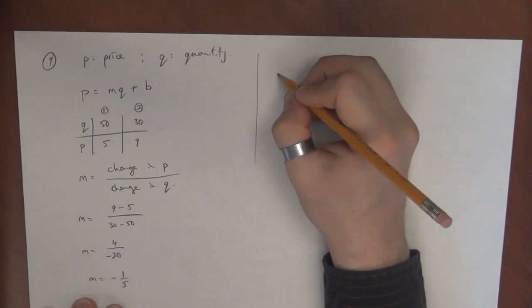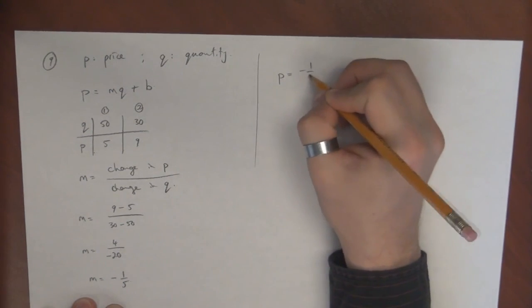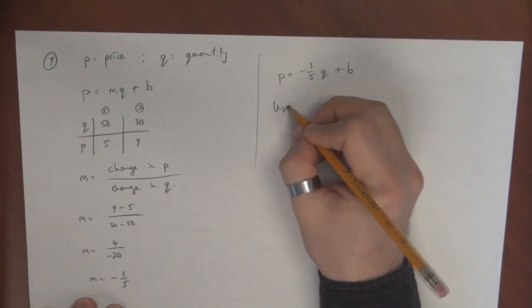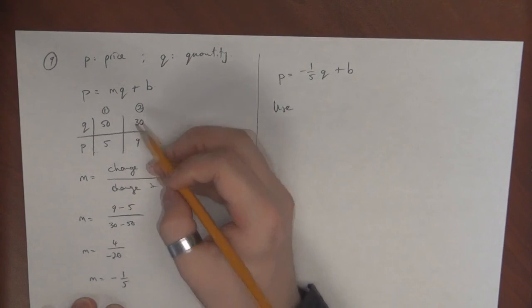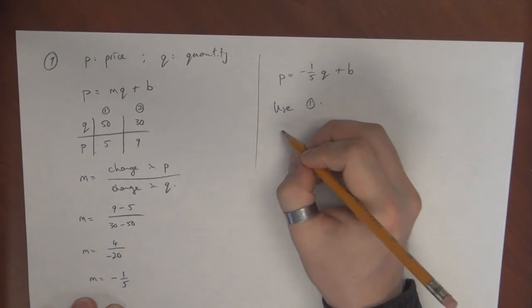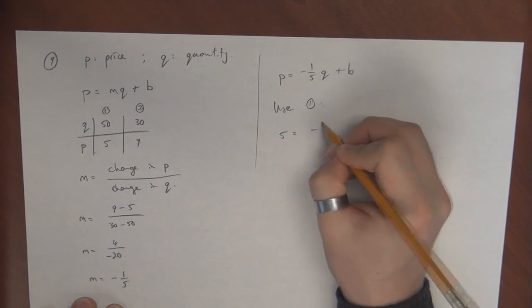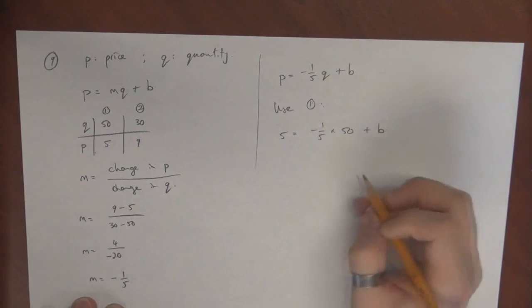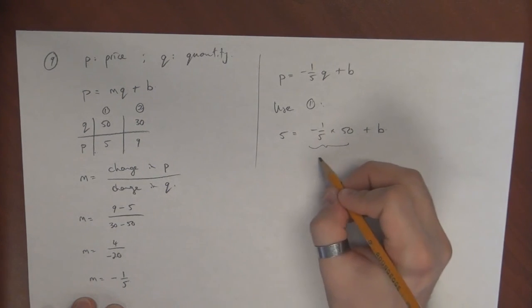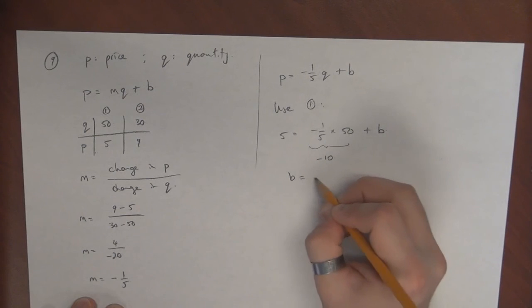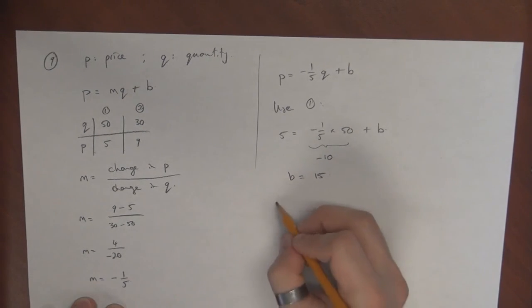Update. P is negative 1 over 5 Q plus B. Use whichever point you fancy. Maybe this first one. Plug it in and I get 5 equals negative 1 over 5 times 50 plus B. What is this? It's negative 10. So B equals 15.